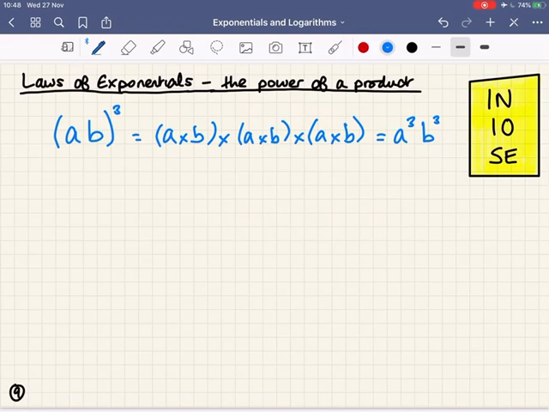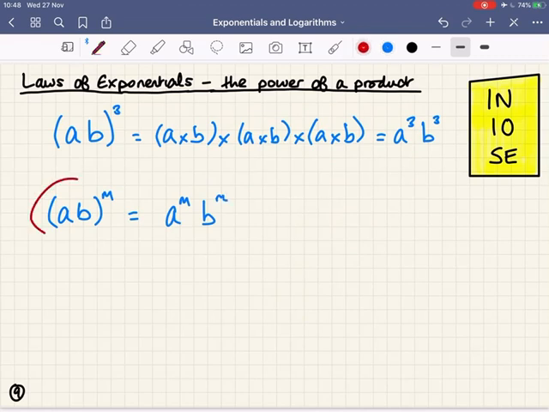So you can decide which is the best way to handle that expression, but they are both equivalent. So in general, (AB) to the M is the same as A to the M B to the M.